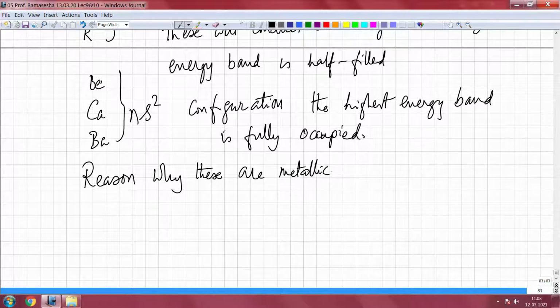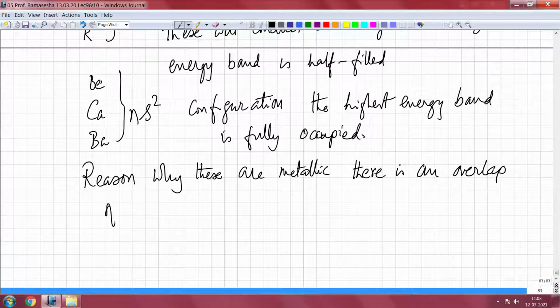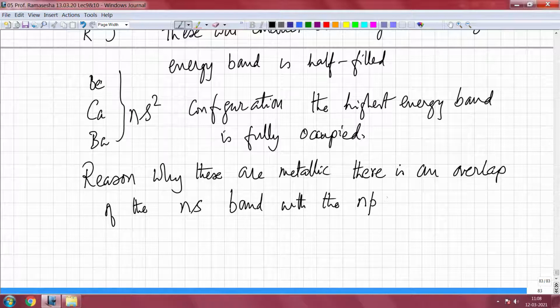The reason why these are metallic is that the P bands, which are the higher energy P bands, descend below the S band. That is, there is an overlap of the nS band with the nP band. So we can show it schematically in the following way.